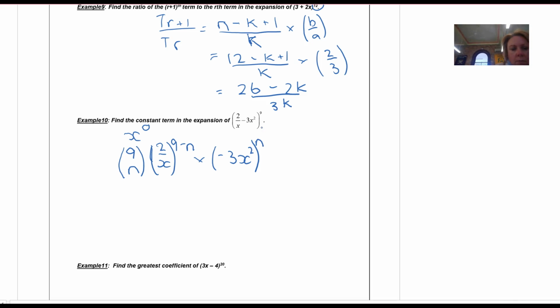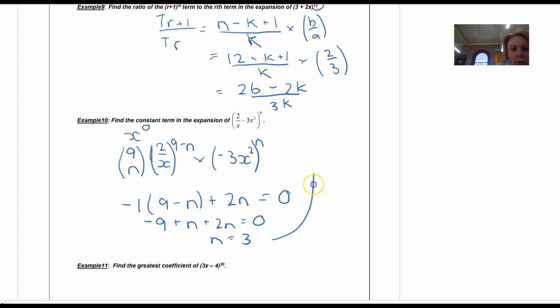That's my general term, but I want, from this power, minus 9 minus n, plus, because I'm adding indices, 2n to equal 0. So I've got minus 9 plus n plus 2n equals 0. N is 3.